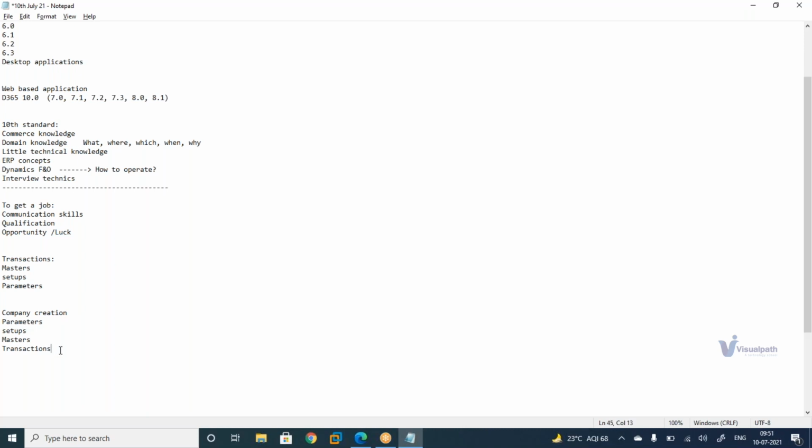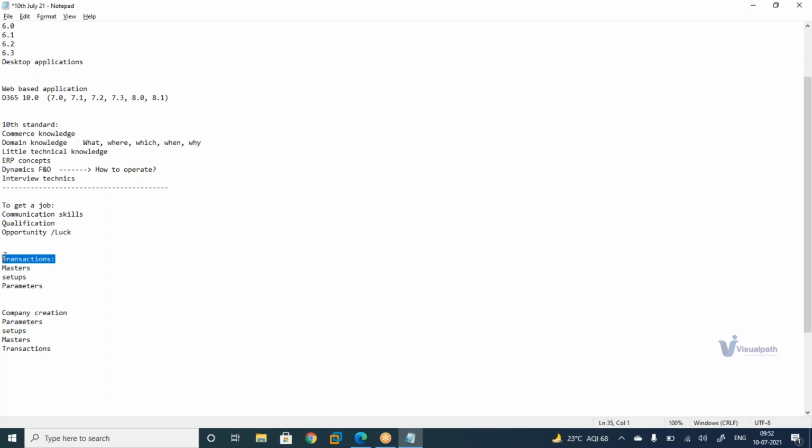Here, parameters and setups means terms of payment, methods of payment, cash discount. There are many setups, tax related setups, and depreciation methods. There are many things you need to learn.